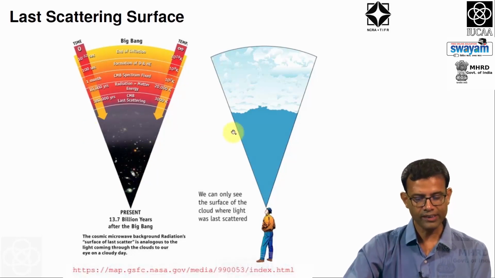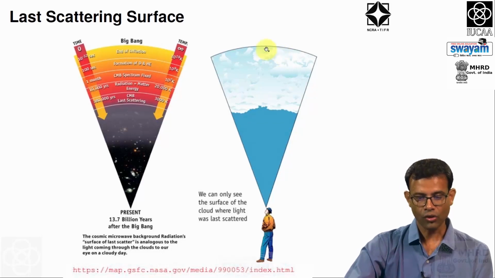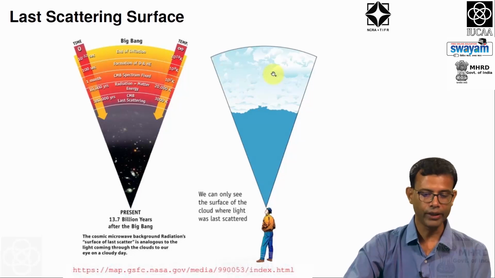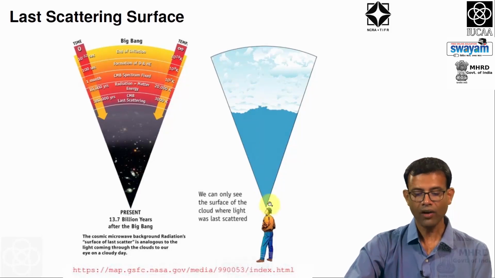This picture is very similar to when we look up at the sky and there are clouds. Within these clouds the light is constantly getting scattered off molecules. Once it comes out of the clouds, it just reaches us. But what do we observe?